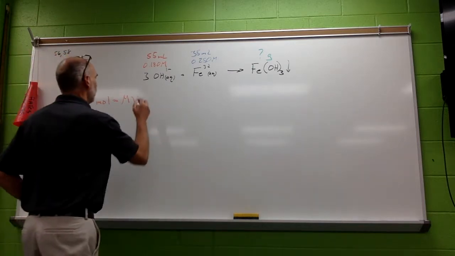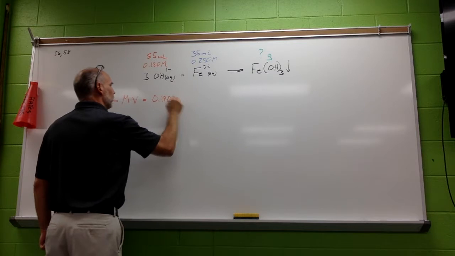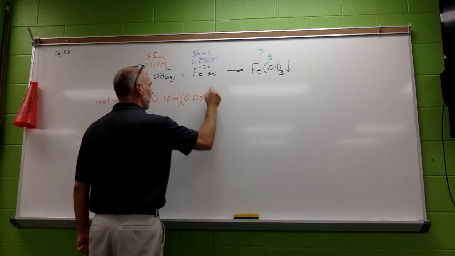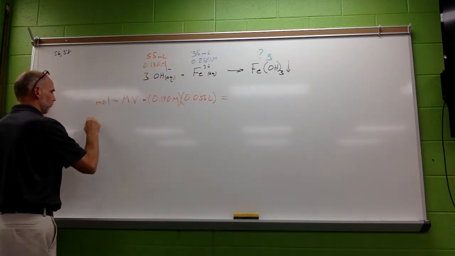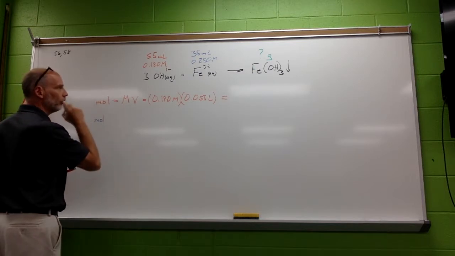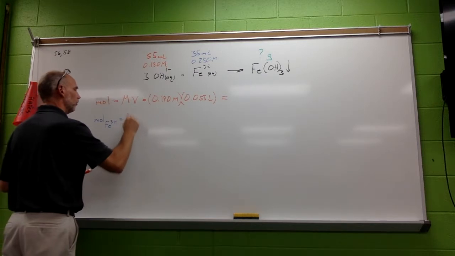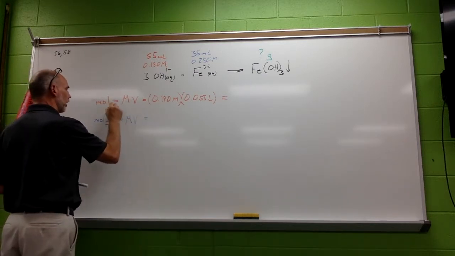So, 0.18 times 0.055 comes up with something. Now, watch how I set this up. And let's do iron. And over here, I'm going to label this hydroxide.